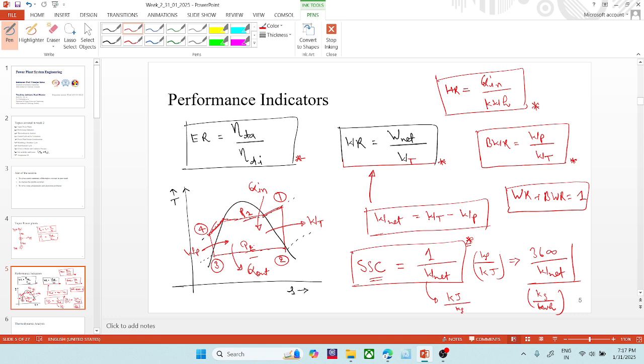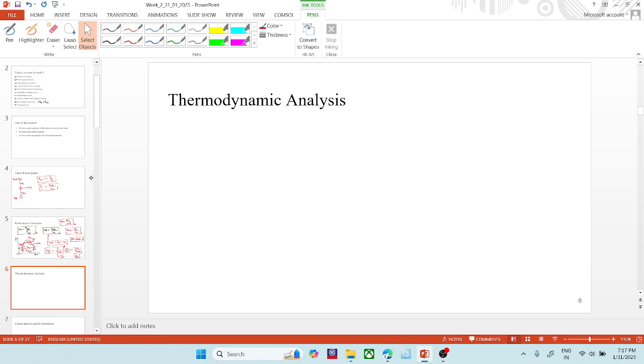Next, you have learned the steady flow calculations here, the thermodynamic analysis. Let me make the Rankine cycle like this. I'm just making the block diagrams. This is my boiler, this is the turbine, this is the condenser, and this is the pump.